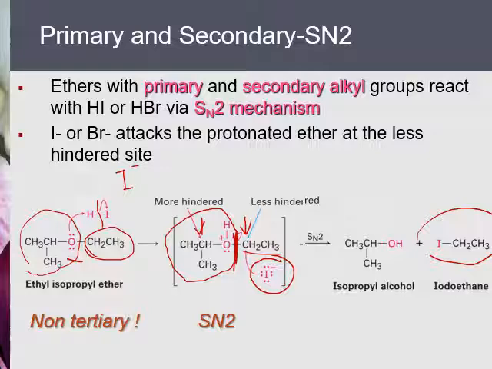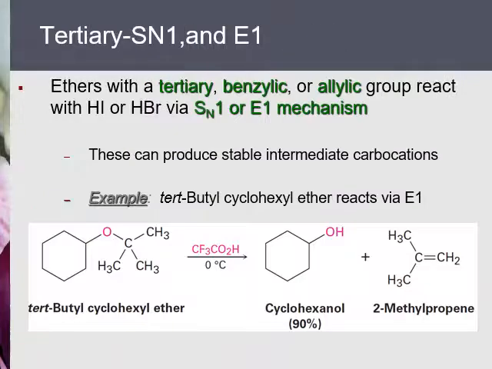And note that in this molecule, we have a primary carbon and a secondary carbon. So right side primary, left side secondary. If the ether contains a tertiary carbon, then the mechanism will be different. Here is an ether molecule that contains a secondary and a tertiary carbon.